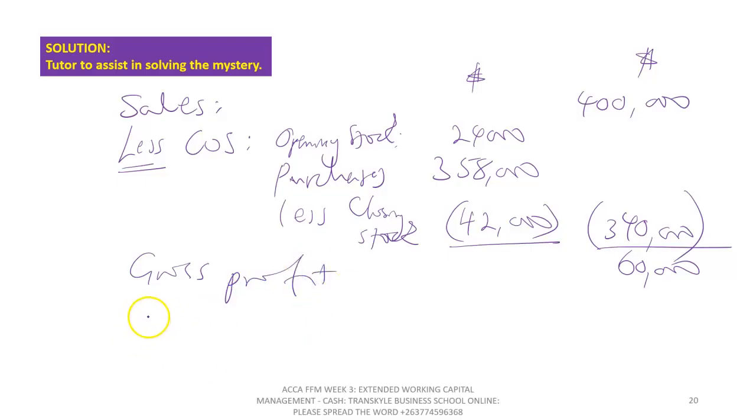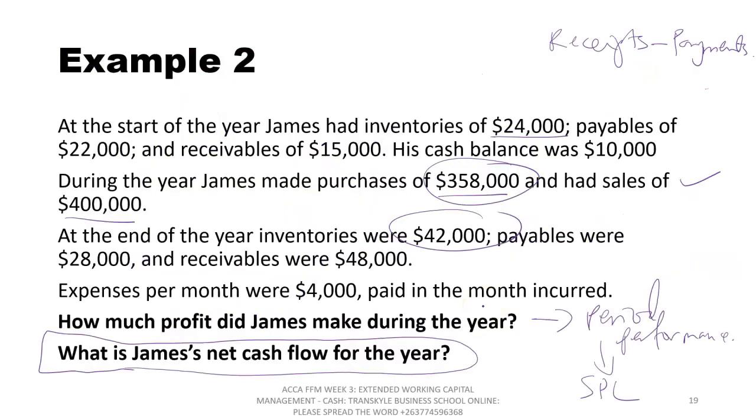Then we deduct the expenses of the business. The expenses from the question: expenses per month were 4,000 paid in the period incurred. And we know that the year has how many months?